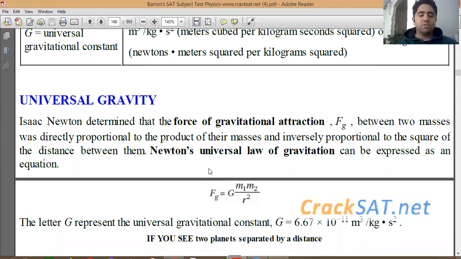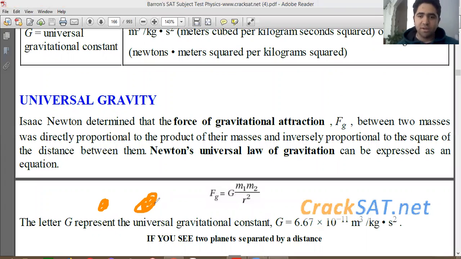Any two masses attract each other in the universe. So this mass and that mass, me and the computer monitor, there is a force of attraction between us. The reason we don't collide is because these forces are very small, and the magnitude of these forces depends on the mass.